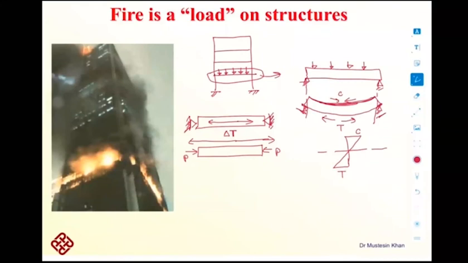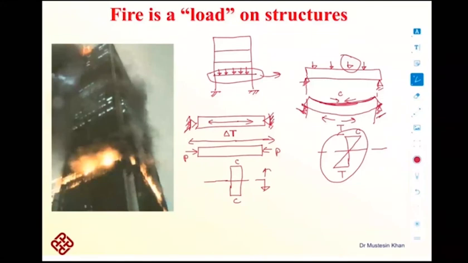So a normal load was inducing compression and tension in this way, but fire is inducing compression both at the top of the section and at the bottom of the section. So this compressive stress is a kind of additional stress which was not acting when there is no fire. So because of this additional stress, the structure could fail.